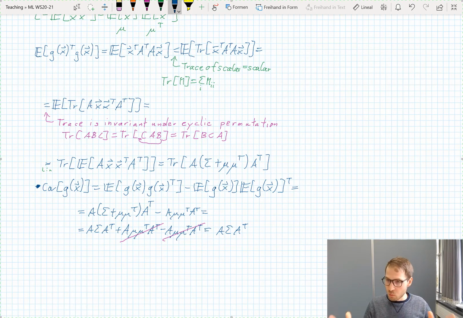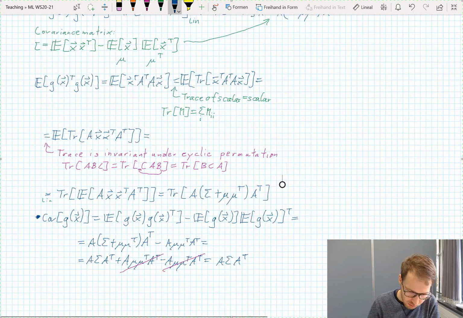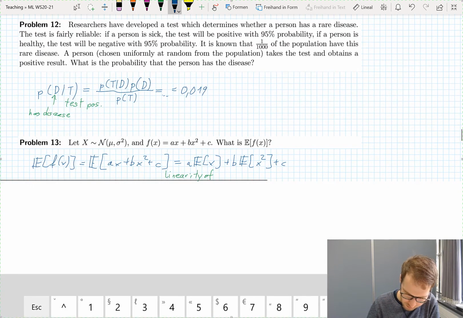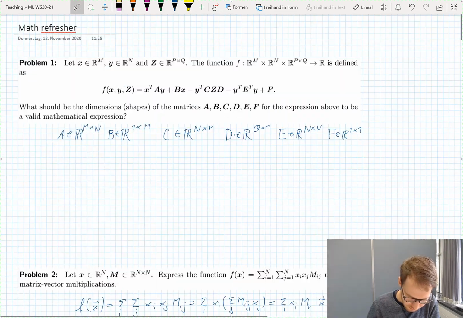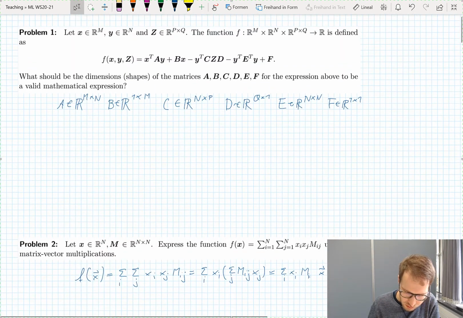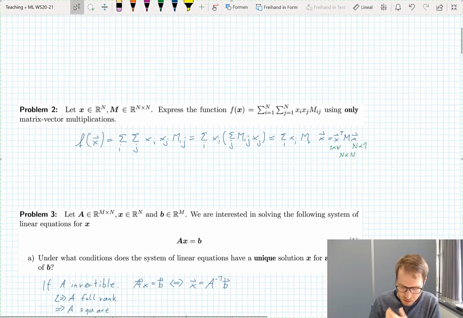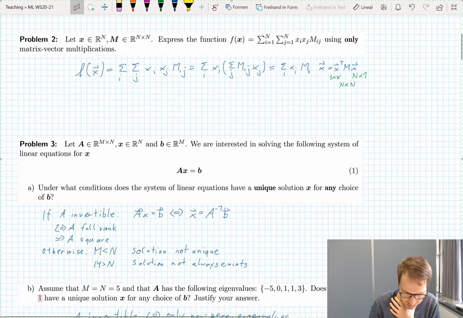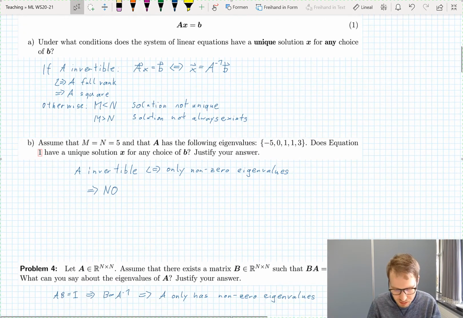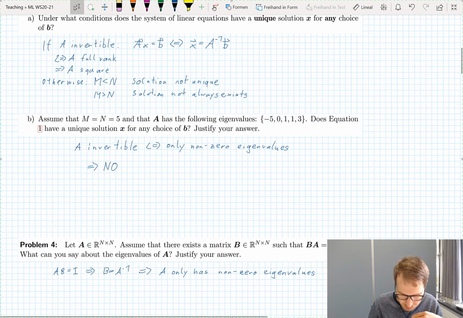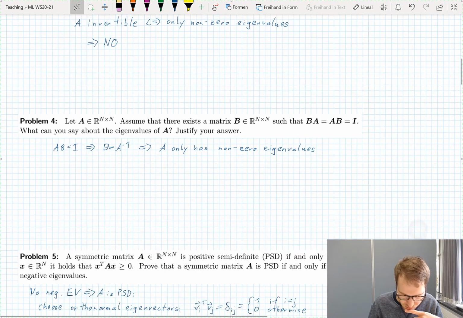Okay, and that's it for today. So what have we seen? We've done some basic repetition on linear algebra first. That's what we started with. Let's go up here. So this was fairly easy, and we basically repeated some basic stuff there. And then it went a bit harder. Here you had to know some things about the properties of matrices.